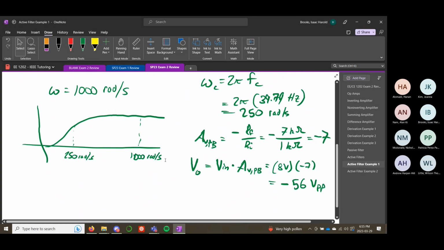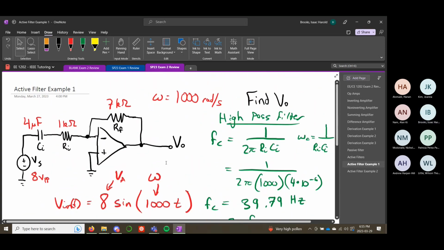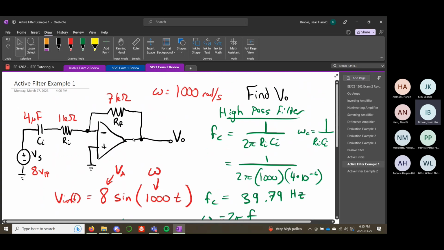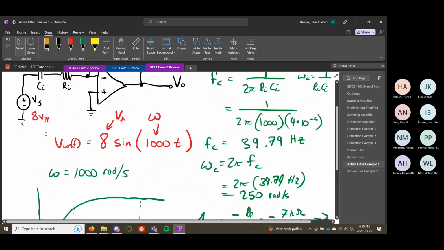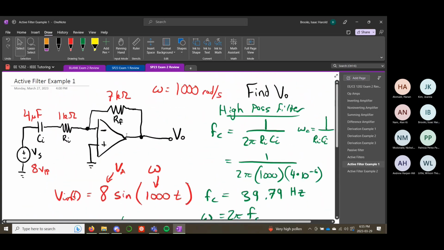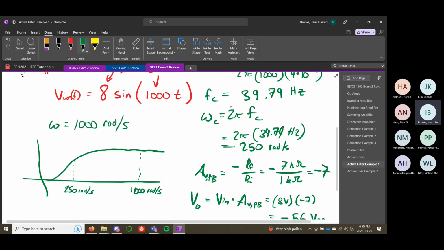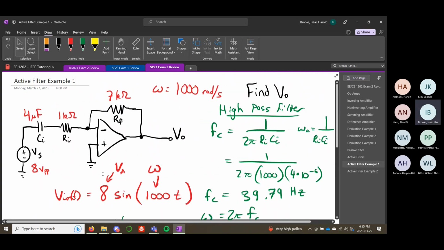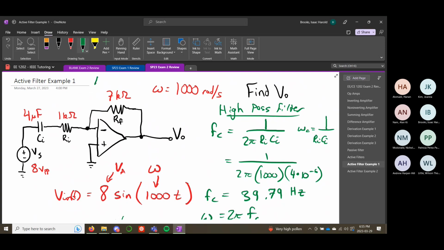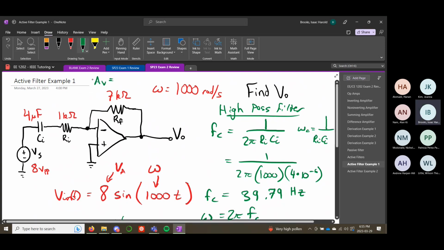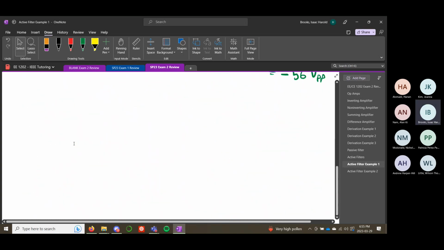And as we don't have a ton of time left, if you were to find the impedance of this capacitor at this frequency, instead of using this approximation of negative RF over RI, your voltage gain is negative RF over ZI. Let me do this down here. 4 microfarads.